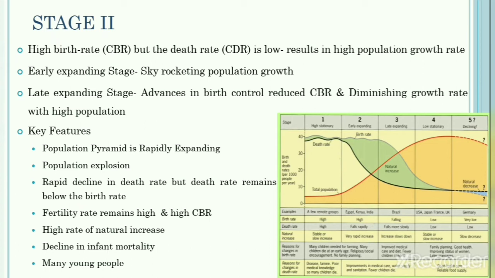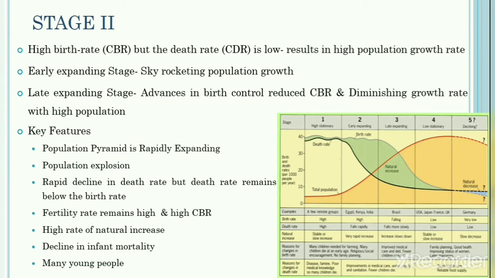The dropping death rate but stable birth rate in the beginning of stage 2 is termed the early expanding stage, and the early expanding stage has contributed to skyrocketing population growth. Over time, with the advances in birth control, the crude birth rate was reduced and the population was still growing at a diminishing rate.